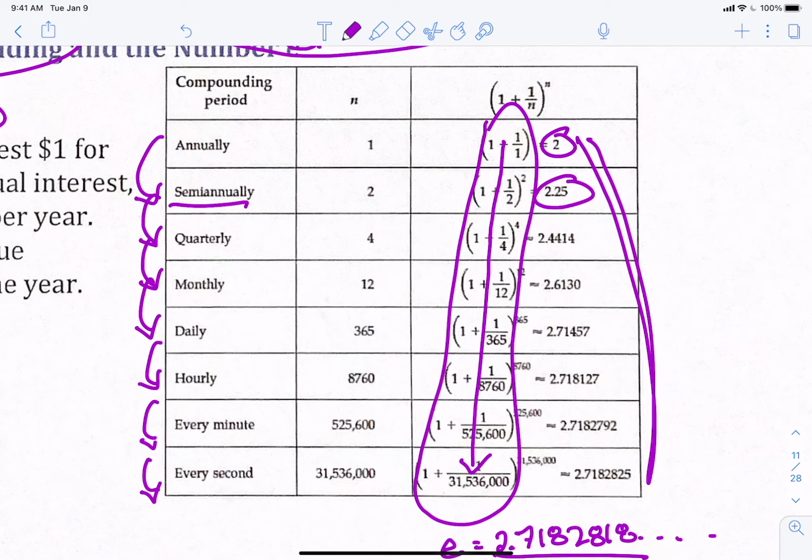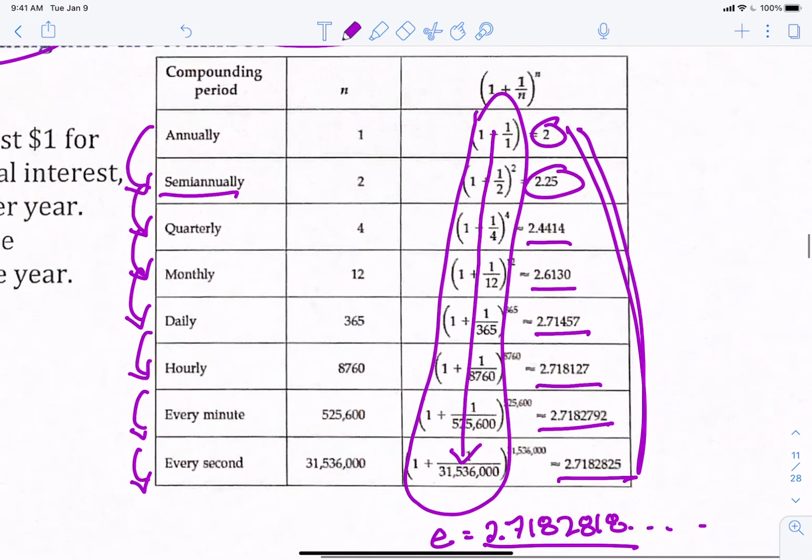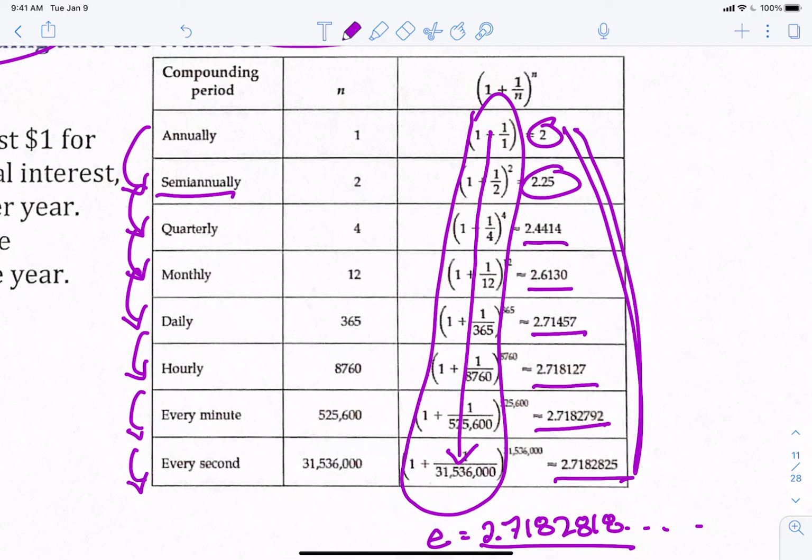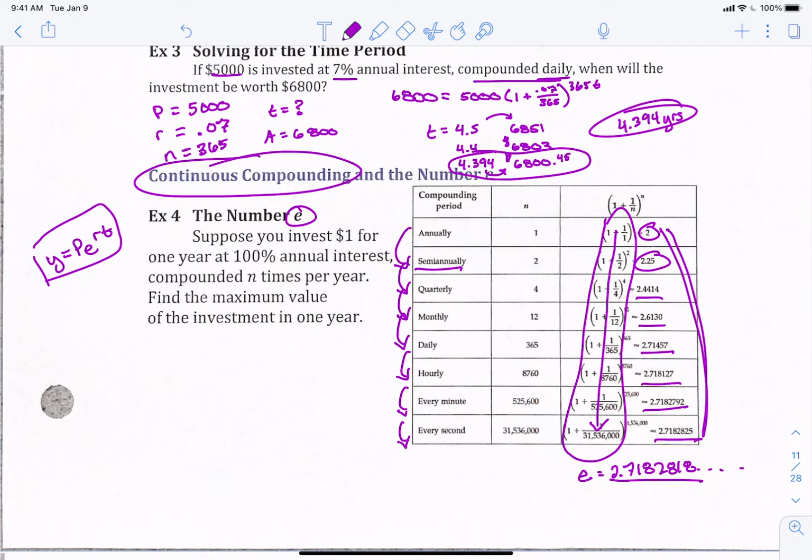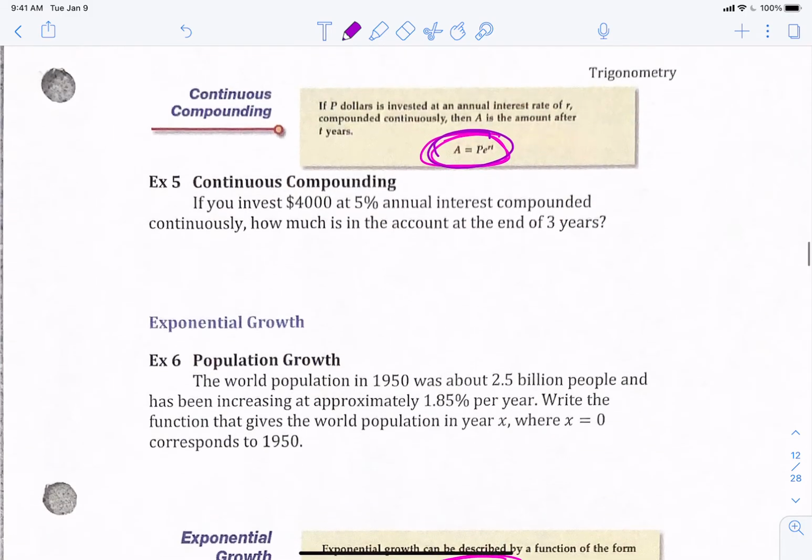You would get $2, $2.25, $2.44, $2.61, $2.71, and then it approaches that number E the more and more times I compound. So instead of compounding every second, every minute, we're going to use continuous compounding. This just illustrates where that number E comes from. Let's go to a problem on the next page.